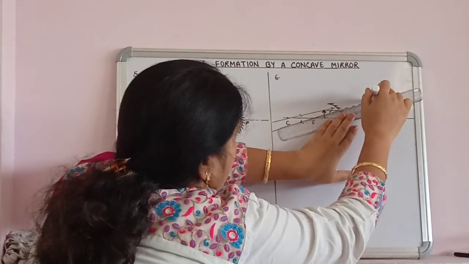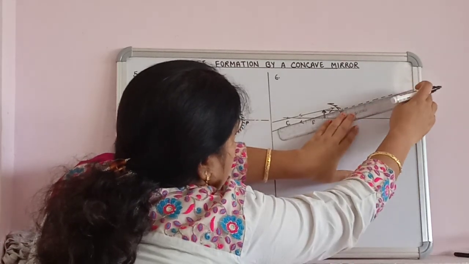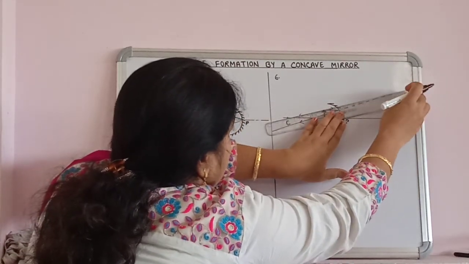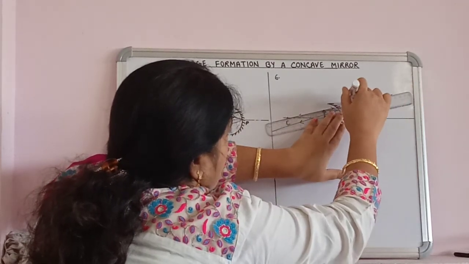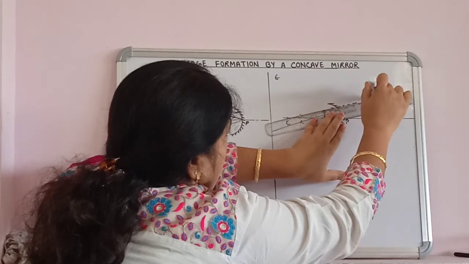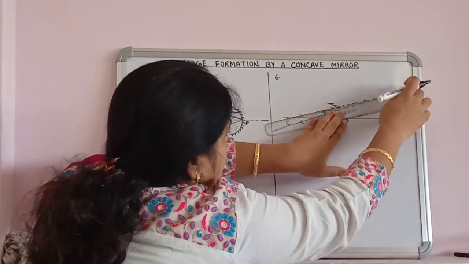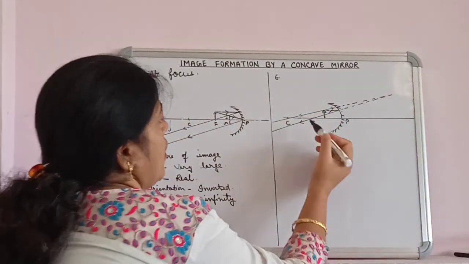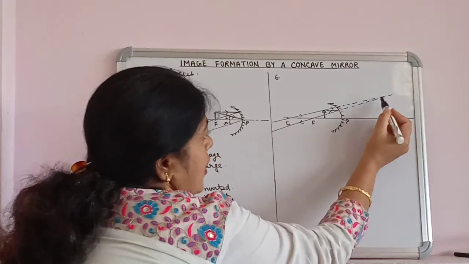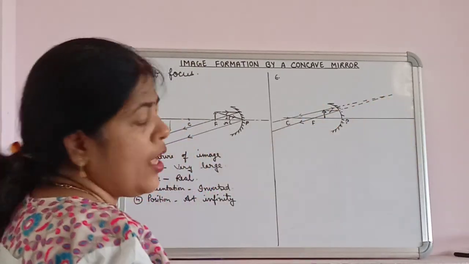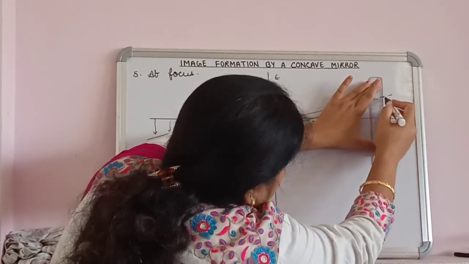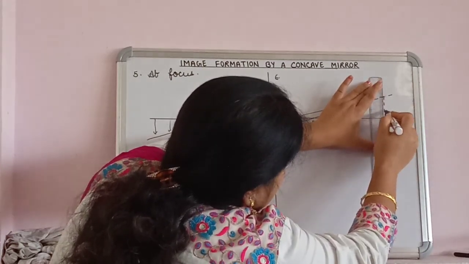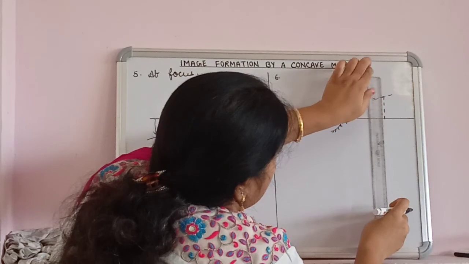So behind the mirror we need to draw the dotted lines like this, and the second one also we'll do in the same way, and there will be an intersection of these two reflected rays over here, and there only we'll get the image of the object, that is the virtual one.